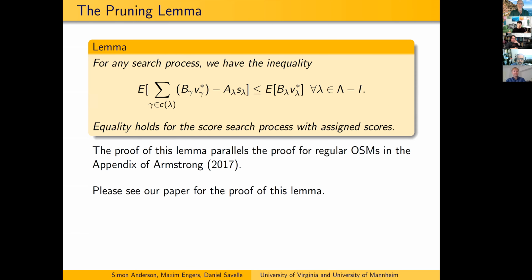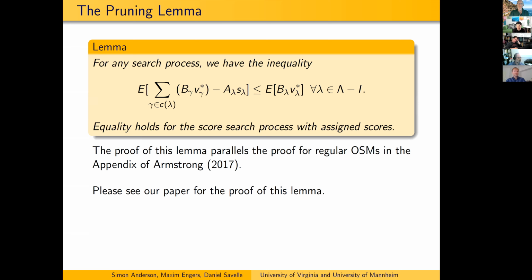Now, in order to show that this is optimal, we're basically going to take the proof in Armstrong, which relates to other proofs in other papers before it, and use it iteratively. So this is going to take that proof and just repeat it up the tree. And what we want is to find two properties.